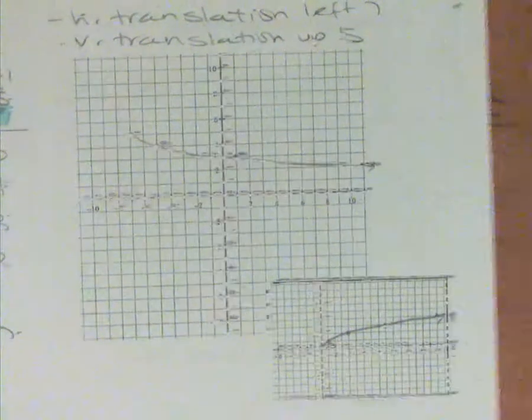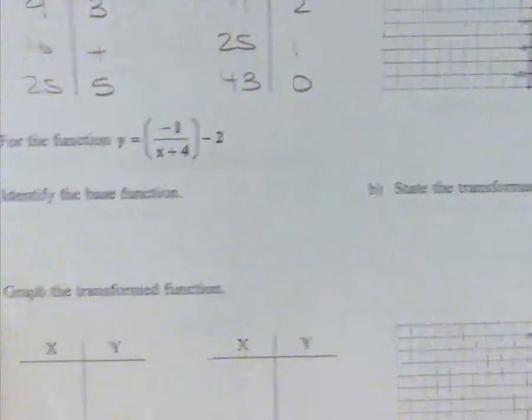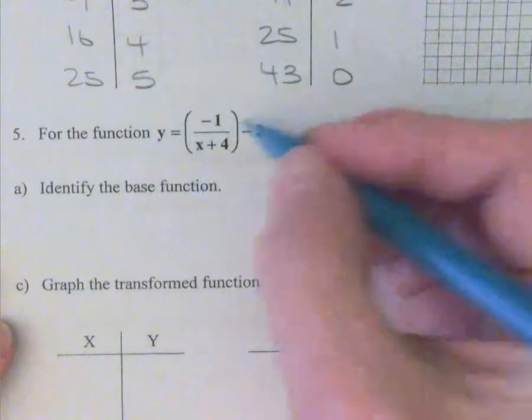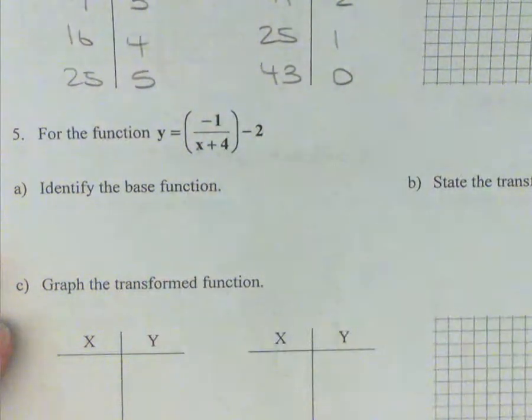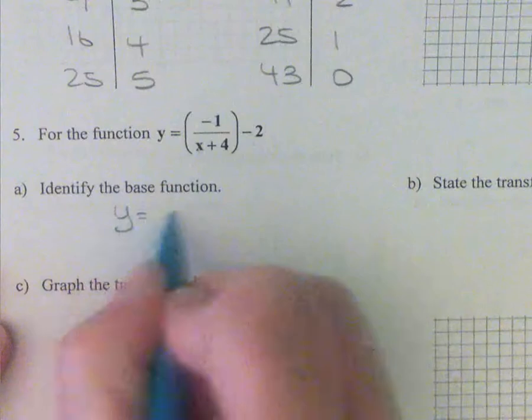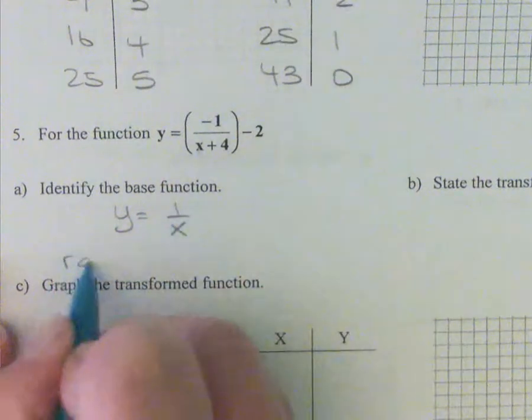Okay, if I look at the next one, my base function is going to be 1 over x because everything else is a transformation. So if I look, I have 1 over x, and this is known as a rational function.